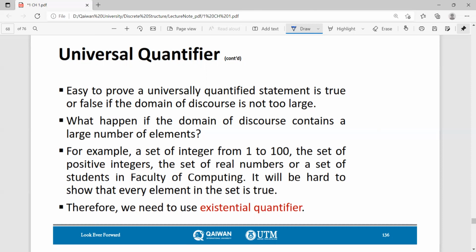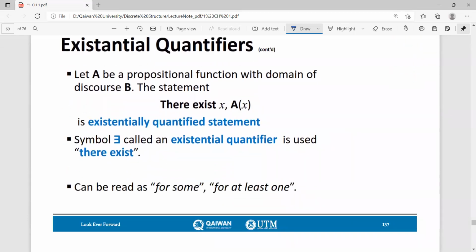For the existential quantifier, we say if there is at least one element in the domain which satisfies the proposition, we say that's true. If there is only one point in the domain which satisfies the proposition, we say that's true.